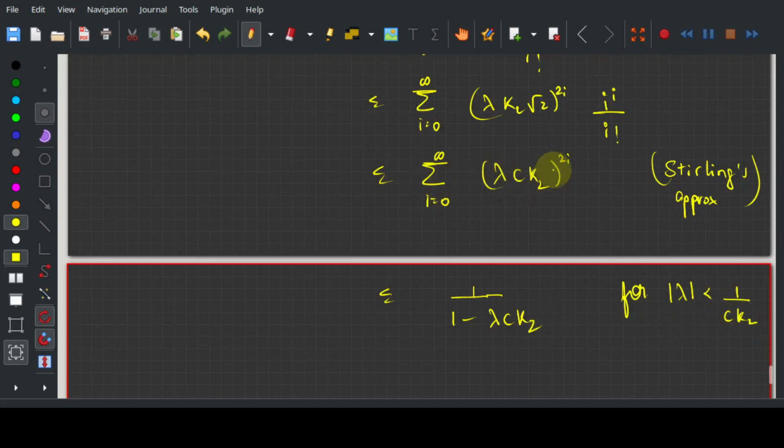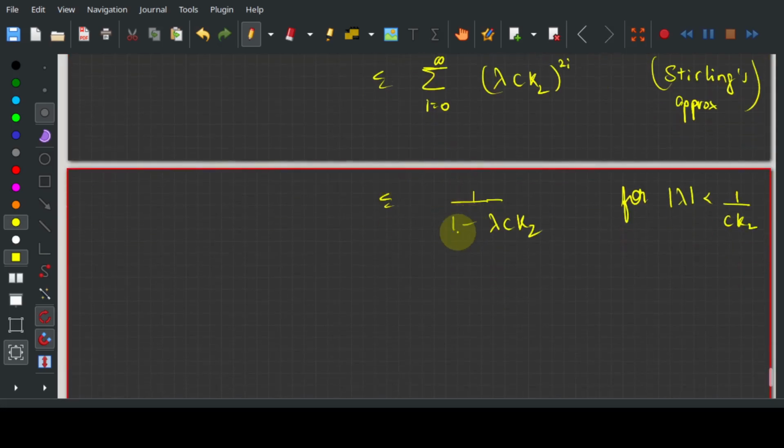As long as lambda c k2 whole square is less than 1, this series converges. Correct? So it's less than or equal to 1 over 1 minus lambda c k2. What can I do next? Yep. Correct. That's right.